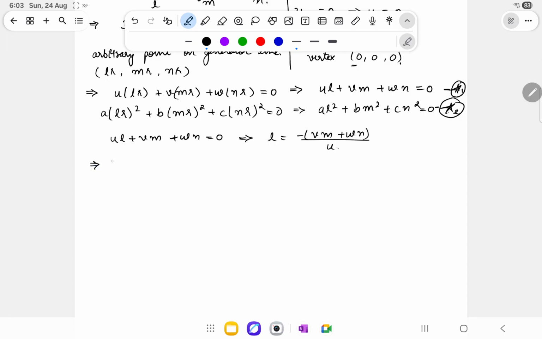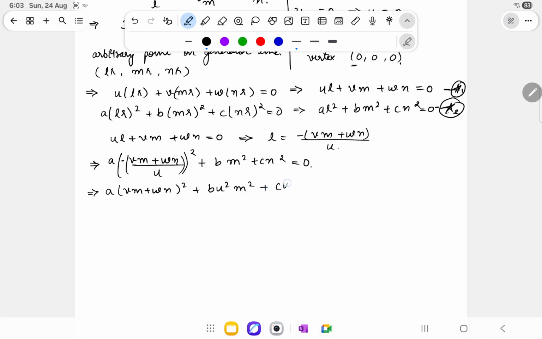On doing that, I got a into ((vm plus wn) upon u) whole square plus b into m square plus c into n square equals 0. If I simplify it, I get a into (vm plus wn) square plus bu square m square plus cu square n square equals 0.